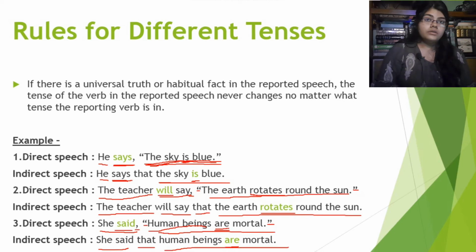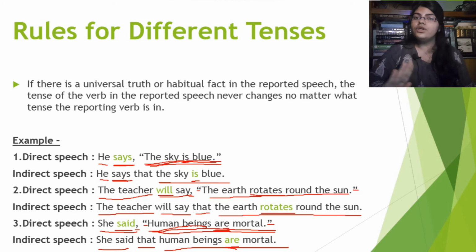Human beings are mortal. Now you have to understand why the verb of the reported speech did not change in the indirect speech. Because human beings are mortal, this is a universal truth. Every human being dies. This is a habitual fact.